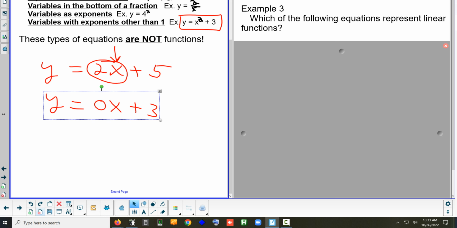What's 0 times x? Yeah? 0. If your slope was a 0, what you end up with is something like that. You end up with something that doesn't have an x variable.